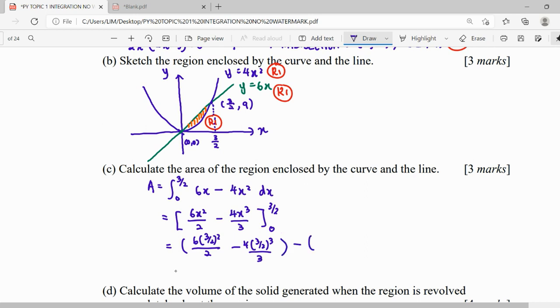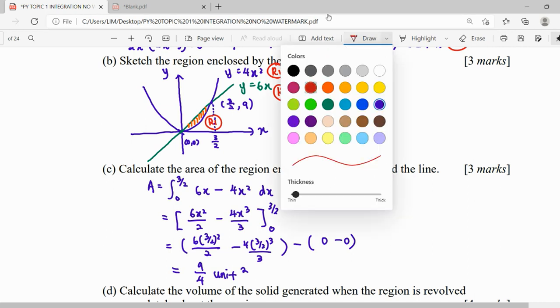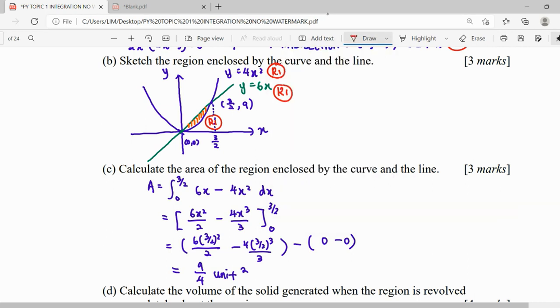So this one will be 0 minus 0. So finally, we'll get 9 over 4 unit square. So the formula will be our concept, integration, and the answer in value evaluate.